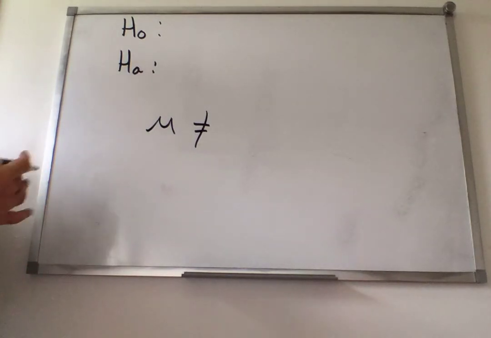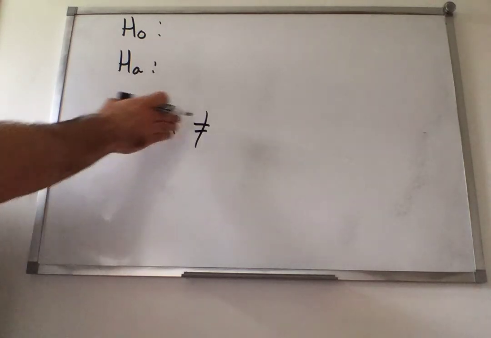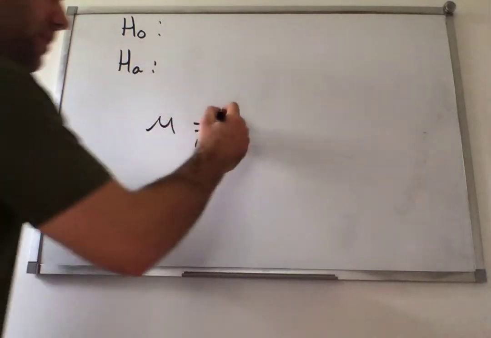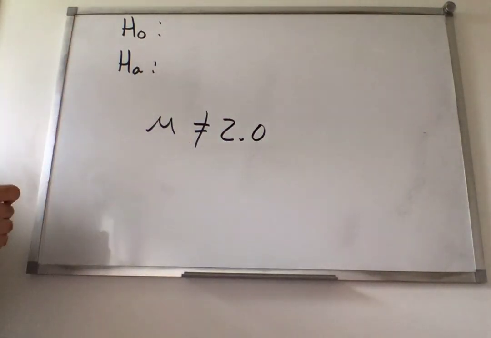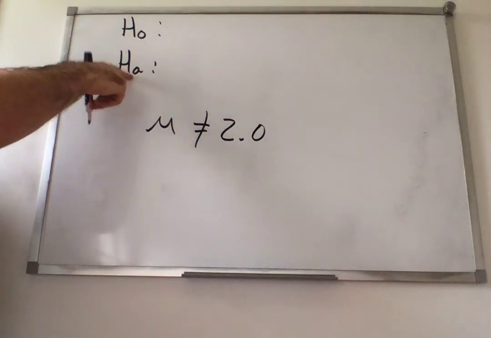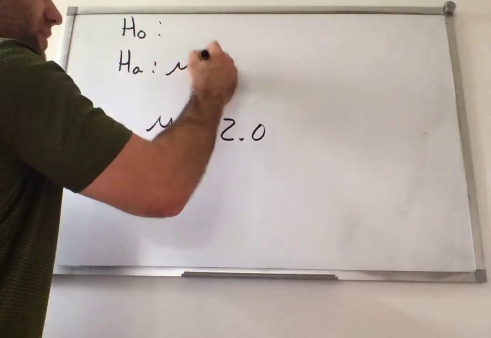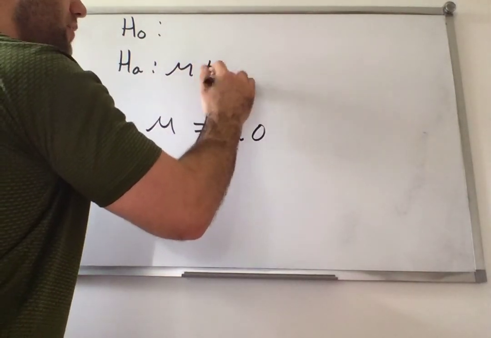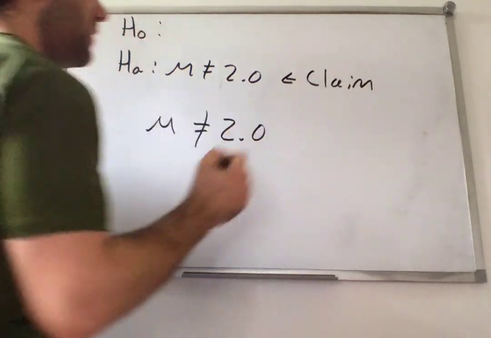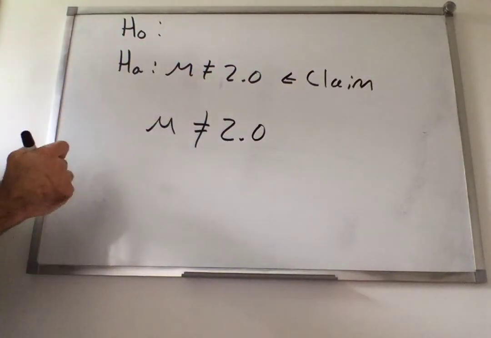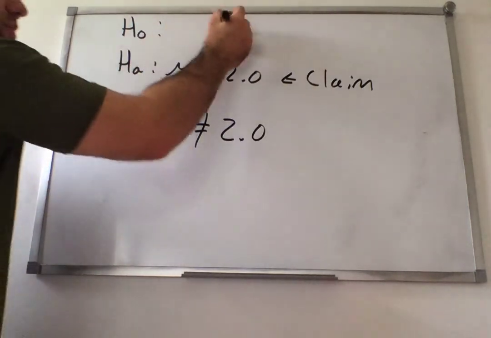It's not saying more than or less than, it's just saying it's different from. And the same as would be equal to. So it's different from 2.0. It has the not equal to. The not equal to is always the alternative, so it goes here. So here's our claim. So the opposite of not equal to is equal to.